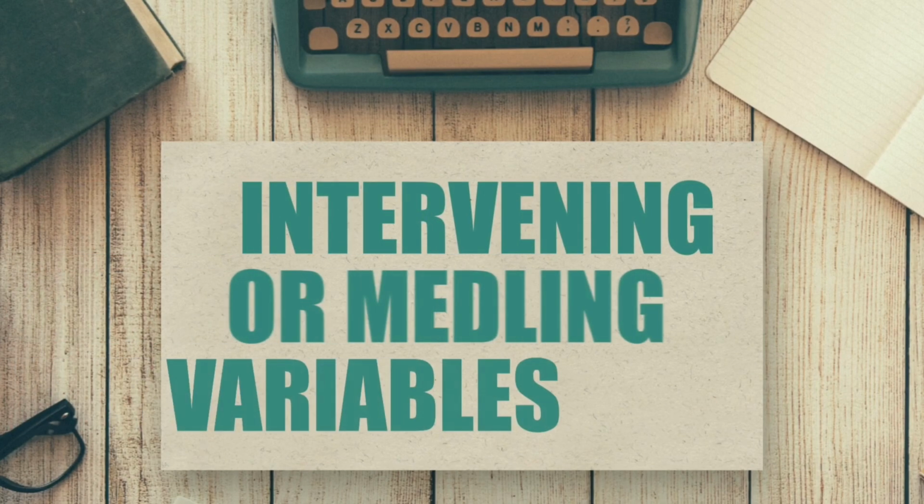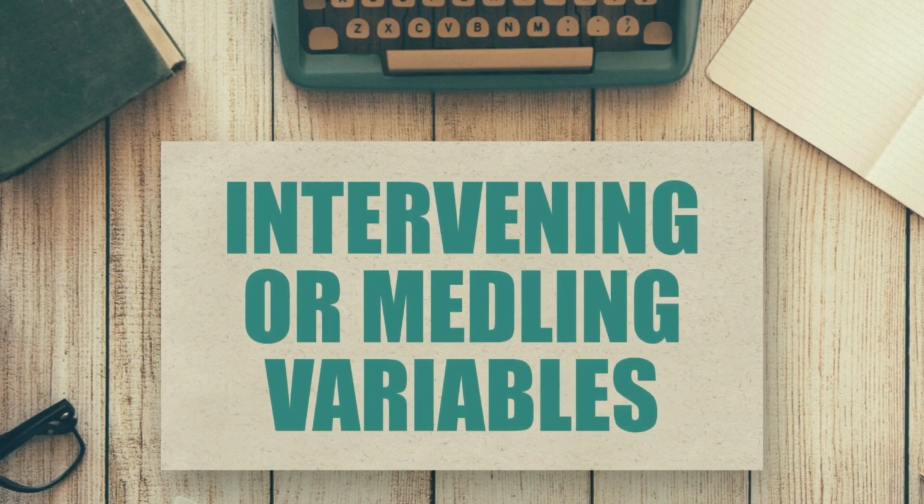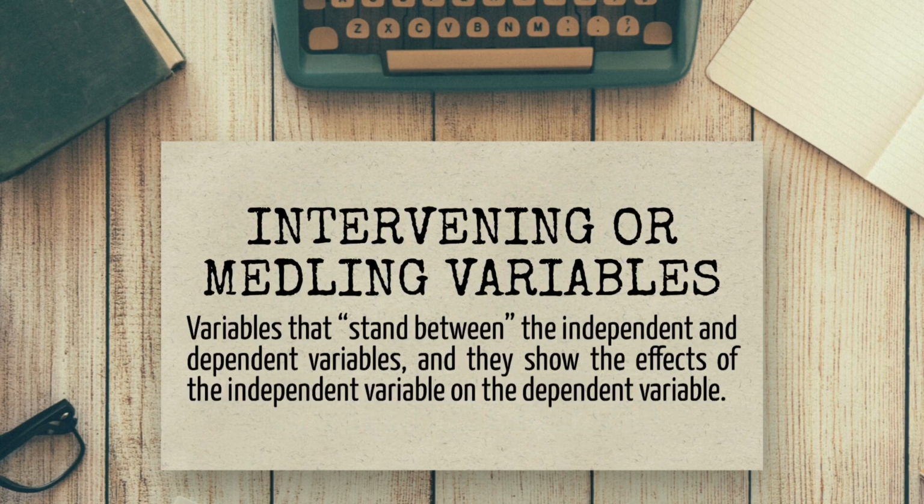The next kind of variable is intervening or meddling variables. Variables that stand between the independent and dependent variables are called meddling variables. They show the effects of the independent variable on the dependent variable.